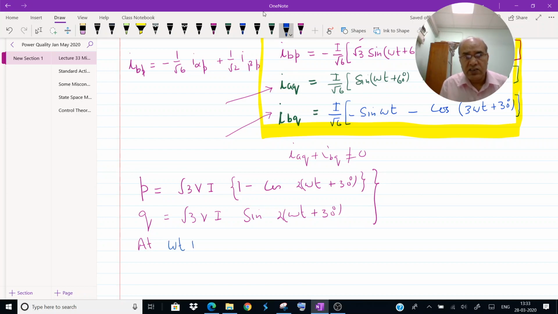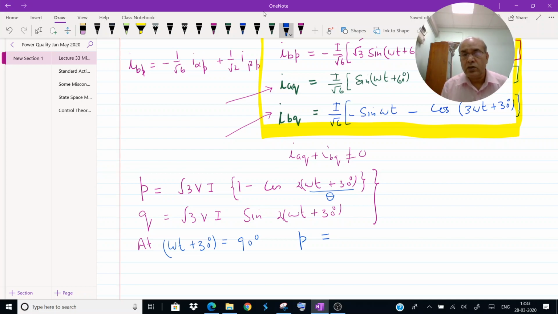omega t plus 30 equal to, let us say, 90 degree. This angle I will call theta. So theta is equal to 90 degree. For this, what is P? This is 90, this is 180, minus plus 1, so 2.